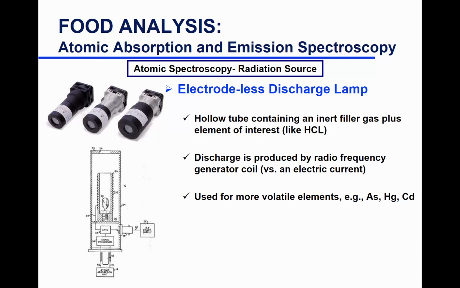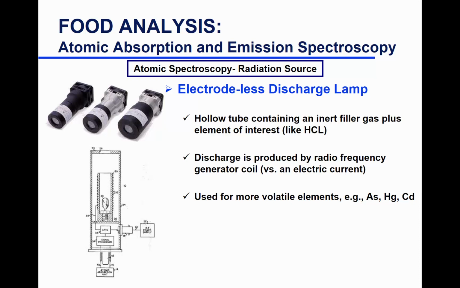What happens is, again, there's a hollow tube and it has an inert gas, and again it has the element of interest, but the discharge or the energy is produced through a radio frequency generator coil instead of an electric current.